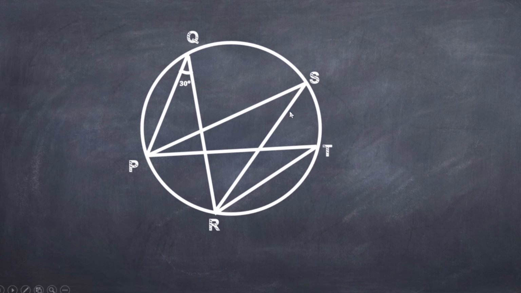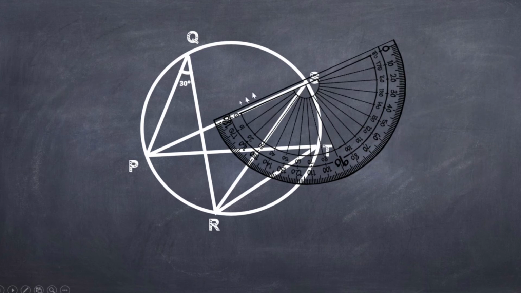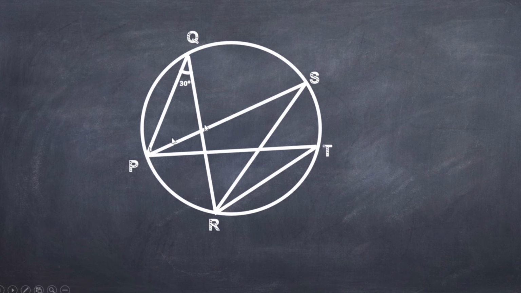So take out your protractor. Measure from this angle, reading from the left side, starting from 0. Okay, this reading is 30 degrees. Therefore, angle PSR is 30 degrees.